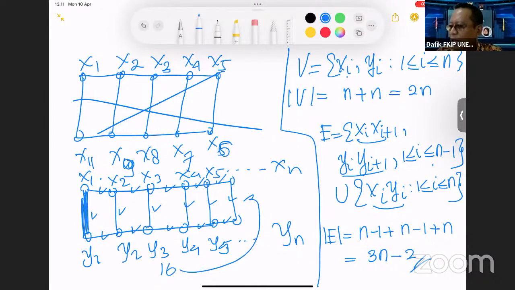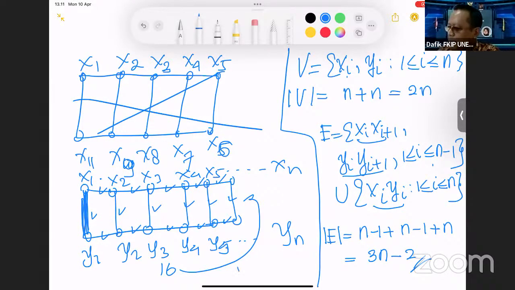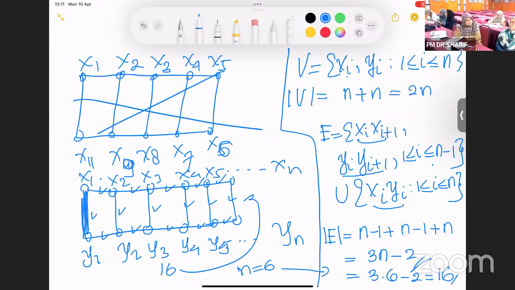What is n? 1, 2, 3, 4, 5, 6. n is 6. So for this case, we have 3 times 6 minus 2, then it is 16. Understand?